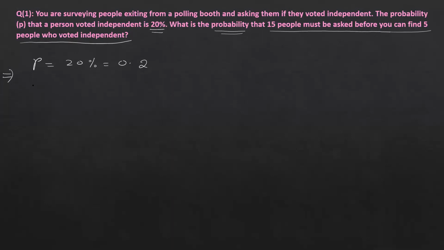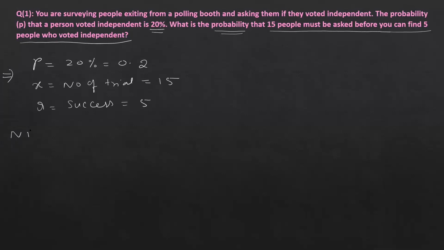In this case, X is the number of trials. What is the number of trials? 15 people must have been asked, so X is 15. And how many successes? Five people who voted independent, so R, which is the success, is equal to 5.